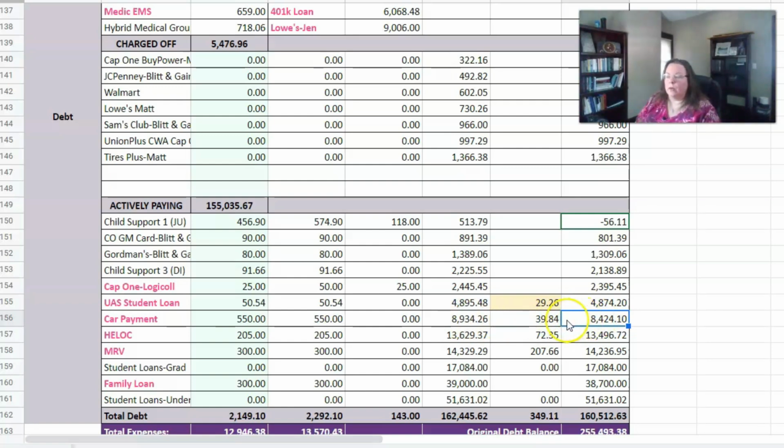So we're making fast progress, even using just this, which is a little bit higher than the minimum payment. We've been paying it since day one. And then $13,496 to the HELOC, $14,236 for this card, $17,084 for the student loans, $38,700 for the family loan, and $51,631 for these student loans, brings our total to $160,512 is what is remaining.